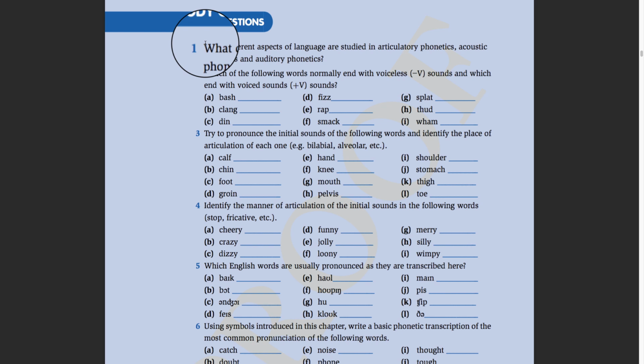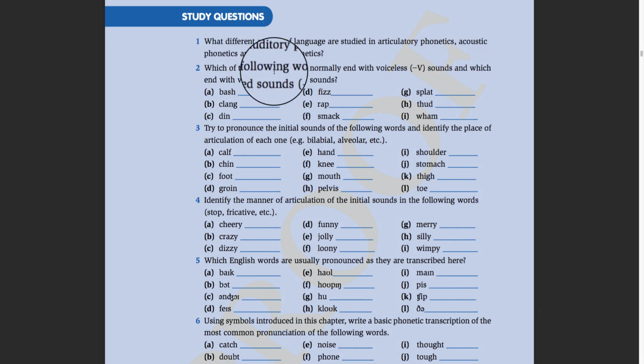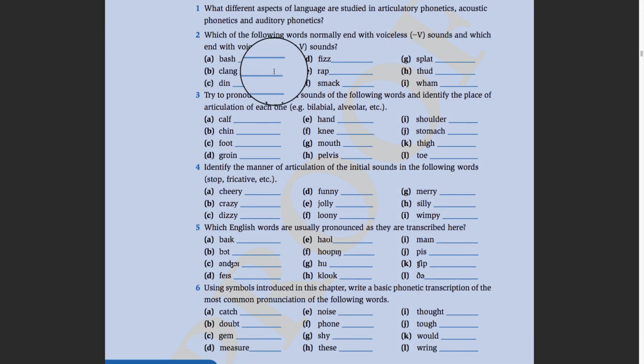What different aspects of language are studied in articulatory phonetics, acoustic phonetics, and auditory phonetics? Which of the following words normally end with voiceless sounds and which end with voiced sounds? Bash, fizz, splat, clang, rap, thud, din, smack, wham.